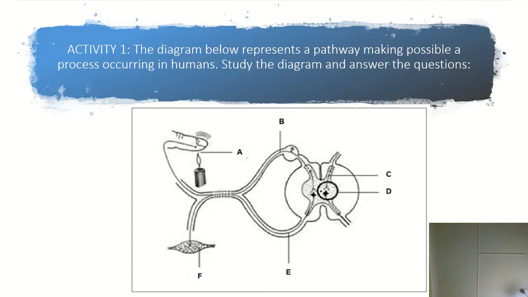So the term pathway should remind you of something. And also the pathway makes possible a process occurring in humans, which should also remind you of something. Next is the set of questions based on the diagram.